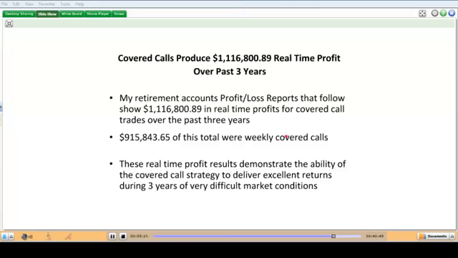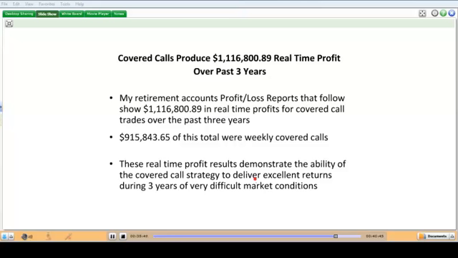So some of this profit was from monthly covered calls, but most of it was from the weeklies. These real-time profits demonstrate the ability of this covered call strategy to deliver good returns over the past 3 years despite the difficult market conditions.